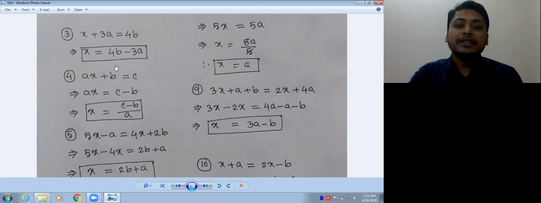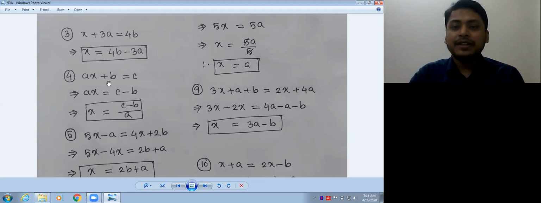So it has become 4b minus 3a. And you know that 4b and 3a are different from each other. That's why they cannot be added, or they cannot be subtracted. That is why that will be our answer.